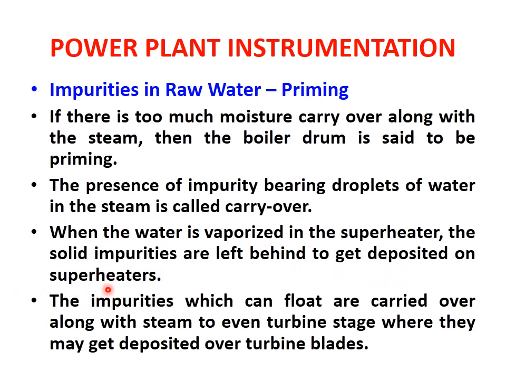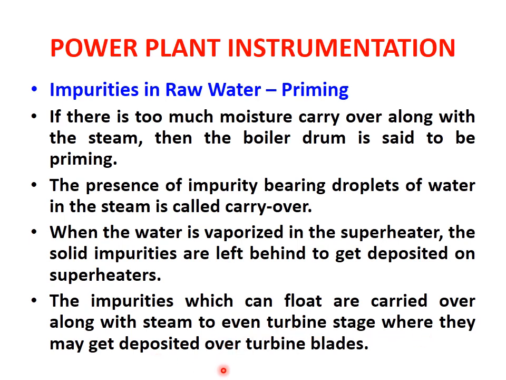When the water is vaporized in the superheater, the solid impurities are left behind to get deposited on the superheaters. So basically, having impurity in terms of droplets of water is the condition of priming in this case.